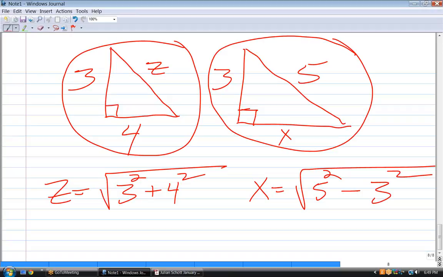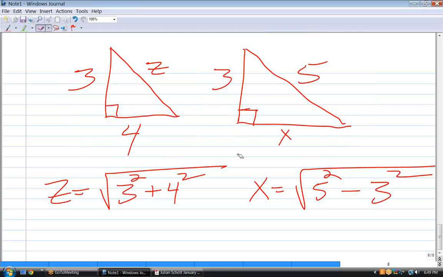If you can memorize both of these, it will make solving right triangles much quicker for you. When you take the ACT or the SAT, there are going to be at least 6 problems where you have to solve right triangles, where they give you 2 sides and you have to come up with the third.